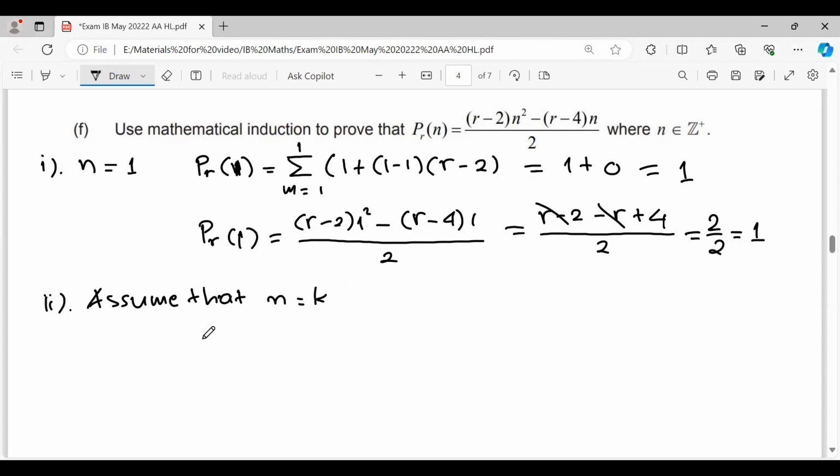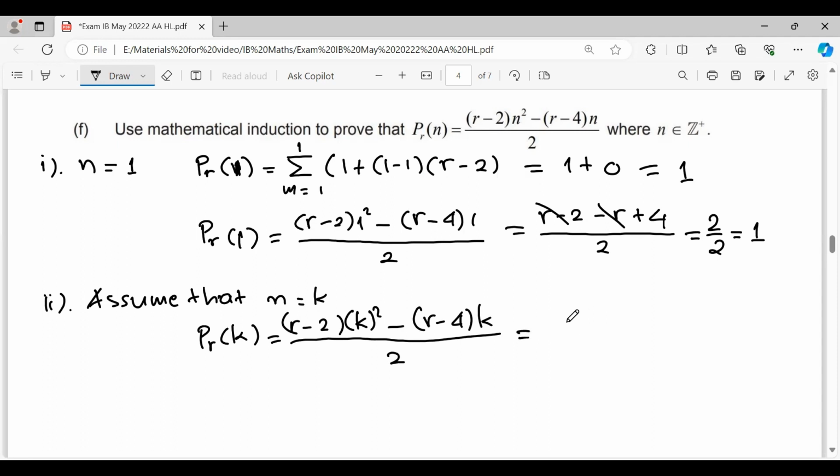It's true for P_r(k) equals (r minus 2) times k squared minus (r minus 4)k over 2, equals this equation, 1 plus (k minus 1)(r minus 2). Okay. This is useful for the next step.